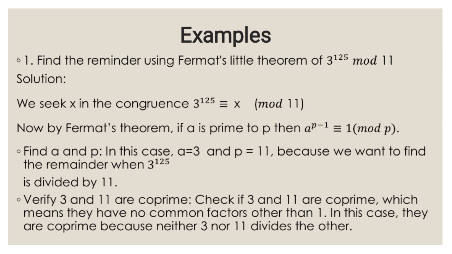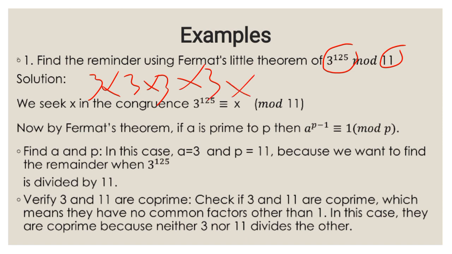That is, you're asked to find the remainder when you divide 3 raised to the power 125 by 11. Even with a scientific calculator, if you keep going 3 times 3 times 3, how long do you want to do that, until you get to 125? That's going to be a long one.